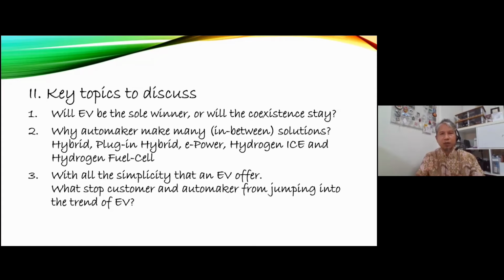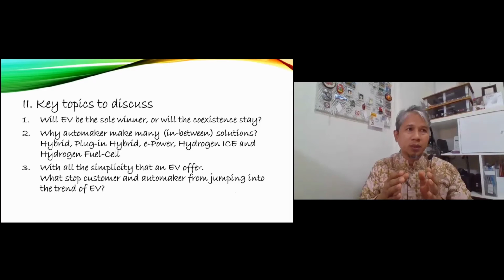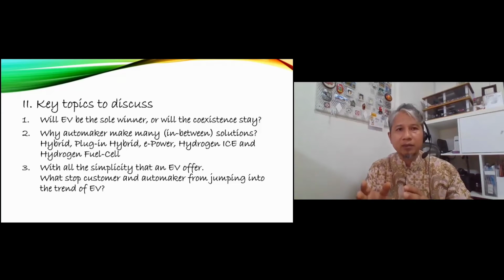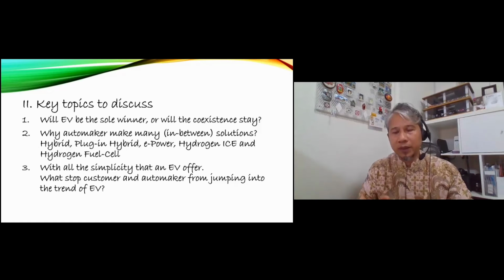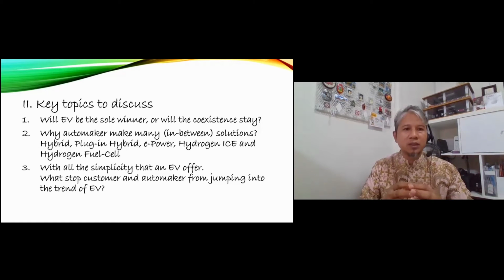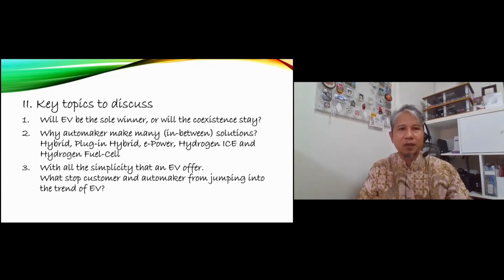A lot of things, and I believe it will have another impact, be it in infrastructure or in regulation. So even though we are aiming in the same direction, to reduce the greenhouse effect, the solution can vary.